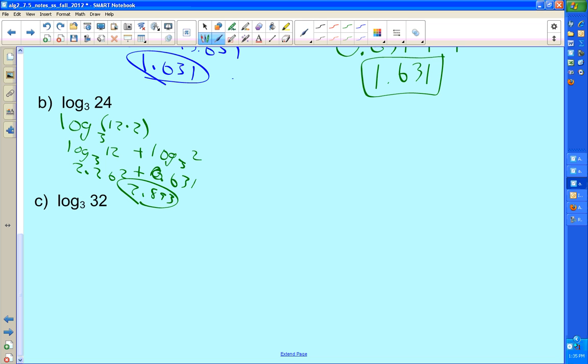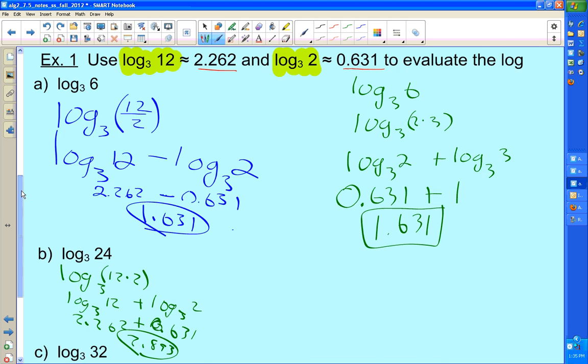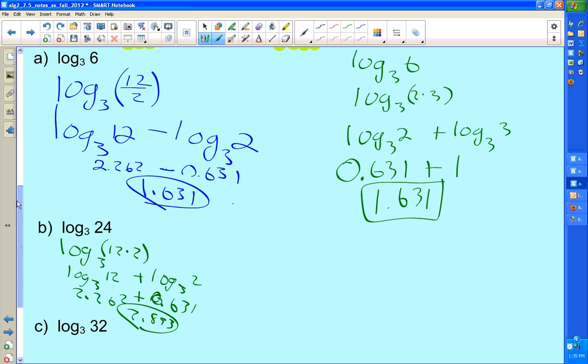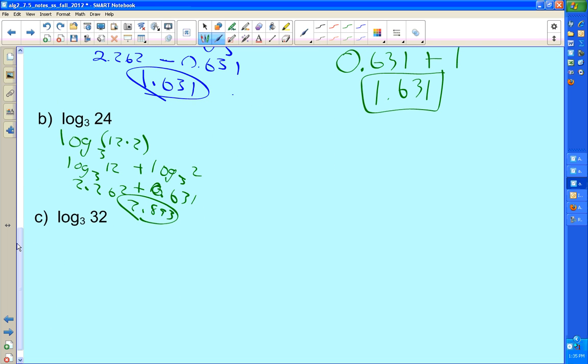Do as many as you want. Like log of 2 times 16? 16's not on your list. Log base 3 of 2 plus log base 3 of 2, and so on. Before that, what would you write? Log base 3 of 2. Okay, that would be a good way to go.